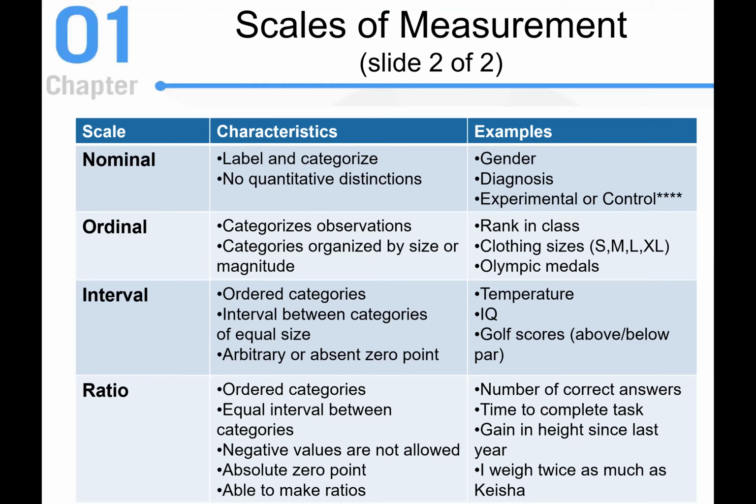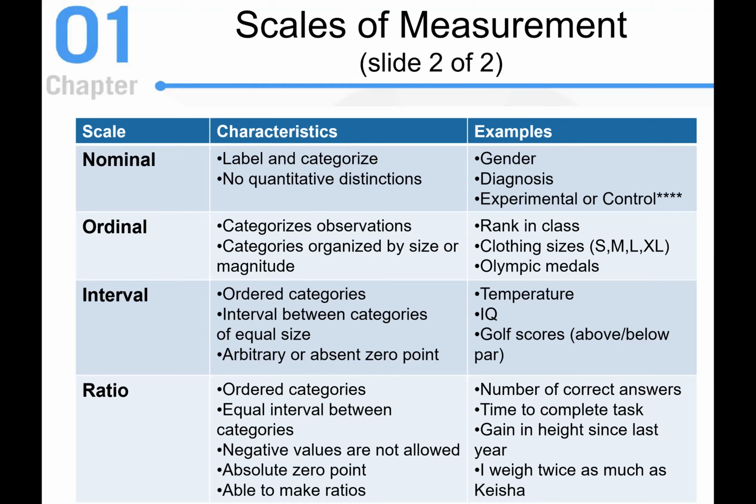A true 0 means that there is an absence of the thing that's being measured. So if I'm measuring on a Fahrenheit scale and I reach 0, 0 doesn't mean I no longer have any temperature to measure.